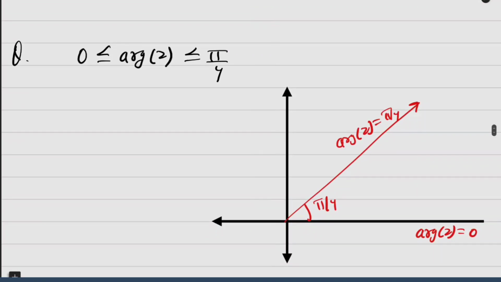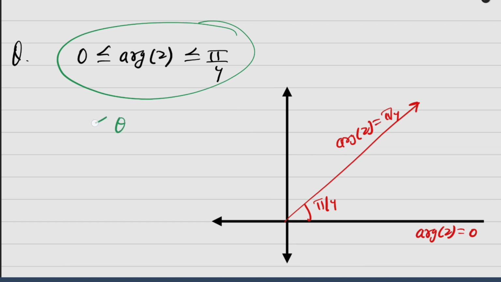So next one is, if I have to draw this condition on an Argand plane, then how can I draw that? It represents argument of z, meaning z is a complex number whose argument is greater than or equal to 0 but less than or equal to pi by 4, meaning the theta of that complex number should lie between 0 and pi by 4. You know that this is the real axis and this is the imaginary axis. If z is a complex number and it makes angle 0, then it is on the positive real axis.